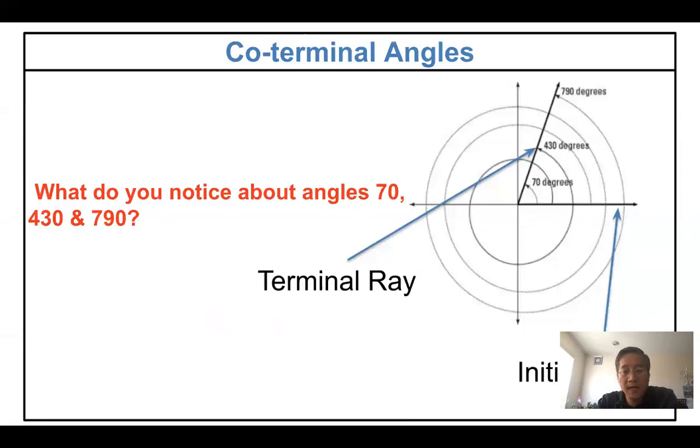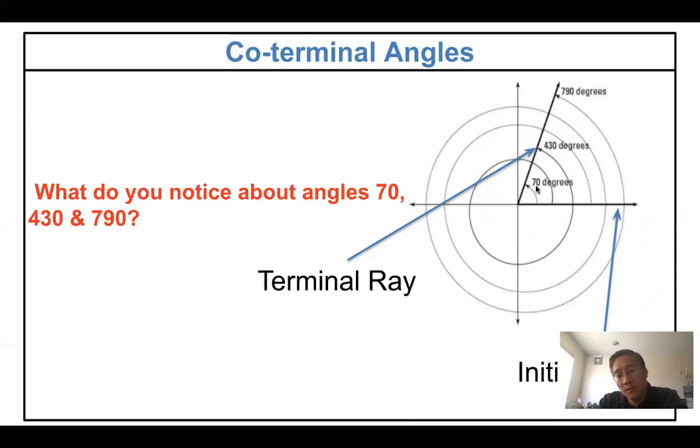So if you add 360 degrees to 70, it becomes 430 degrees. If you make another turn, then 430 plus 360 is 790 degrees.